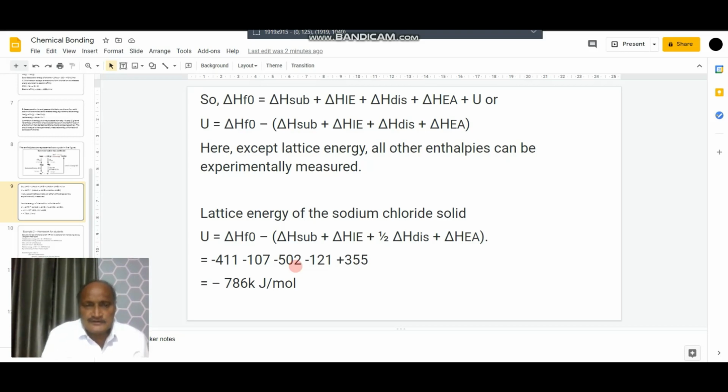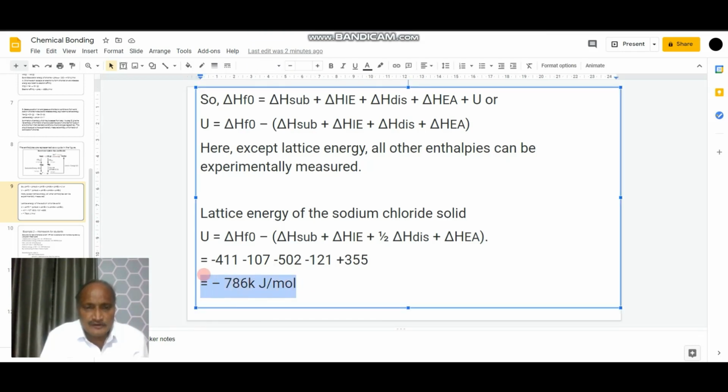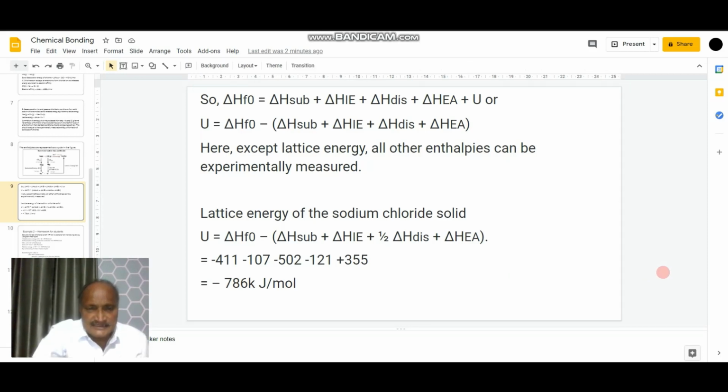All the values are measured in kilojoules per mole. So accordingly, the lattice energy U for the formation of sodium chloride from the following values will be minus 786 kilojoules per mole, which is called the lattice energy and indicated by U.